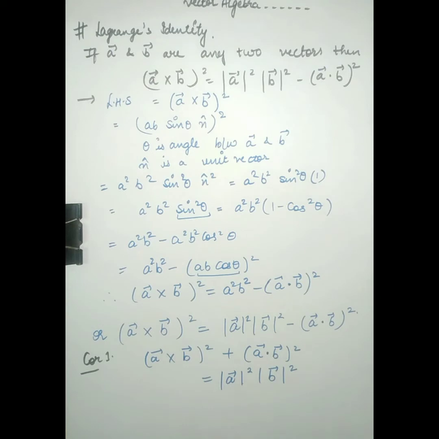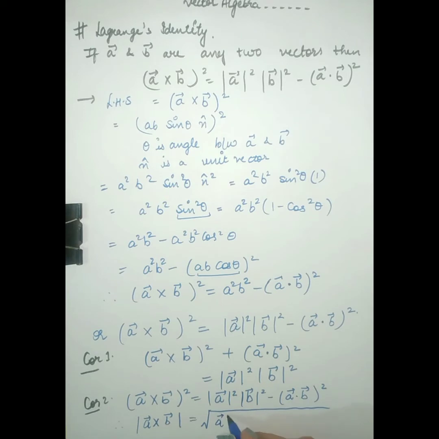Now corollary second is, since A vector cross B vector whole square will be equal to magnitude of A vector square into magnitude of B vector square minus A vector dot product with B vector whole square, this can also be written as mod of A vector cross B vector will be equal to the square root of A vector square into B vector square minus A vector dot with B vector whole square.